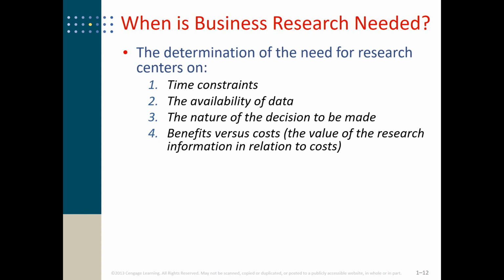What type of decisions we are going to take also determines whether we should do a research or not. For example, if we are taking a very regular decision, then we may not be doing a research. However, if we are taking a decision that involves a lot of time and money, then we may need to do a research. Let me give you two examples.